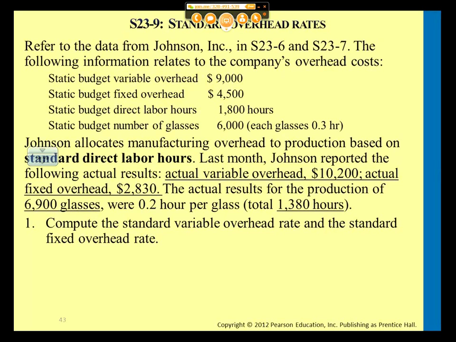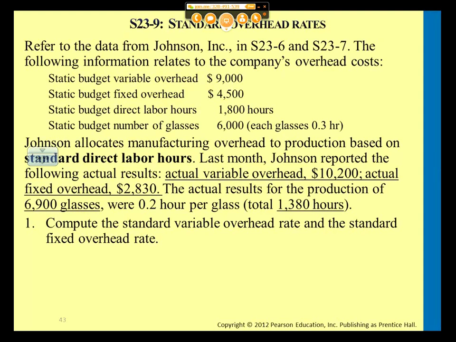Last month, Johnson reported the following actual results: actual variable overhead was 10,200, but the actual fixed was 2,830. Actual production was 69 glasses, same problem, right? We're continuing. 2.2 hours per glass, and the total was 1,380 hours. So let's see, how do we calculate?